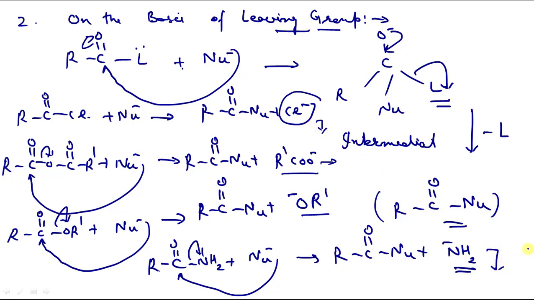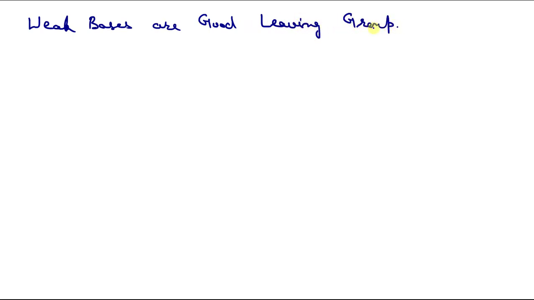Now we have to see which is a better leaving group. Generally it is said that weak bases are good leaving groups. So let us write the leaving group in each case. In acid chloride, it is Cl negative.